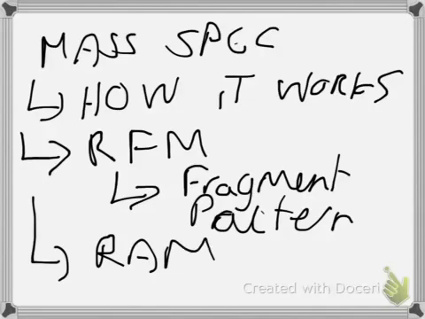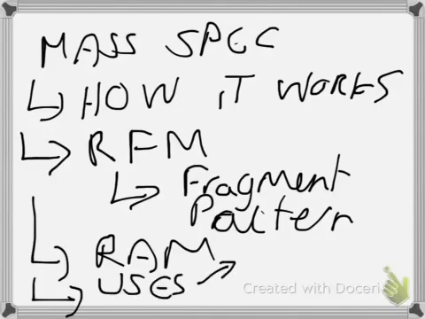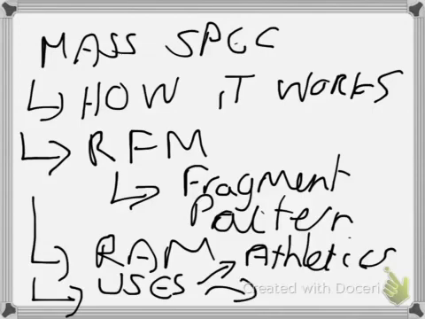And we've looked at its uses, both in identifying banned steroids in athletics and in identifying drug precursors in pharmaceuticals. This is what you need to be able to explain in your 1.5 section. In the next video, we'll look at an example past paper question and have a go at creating a model answer for that.